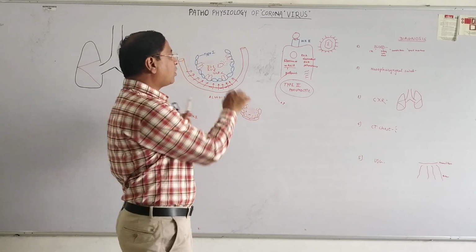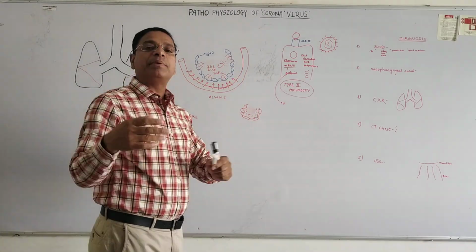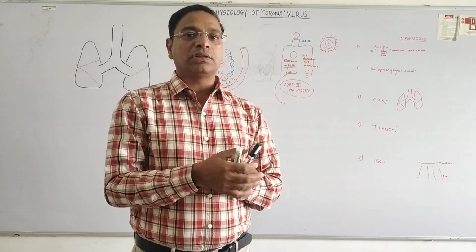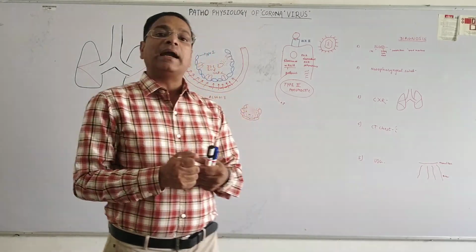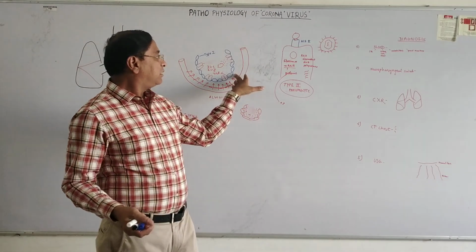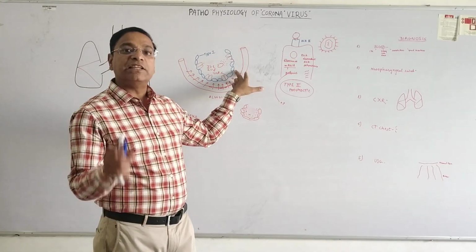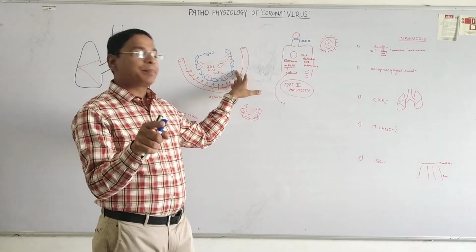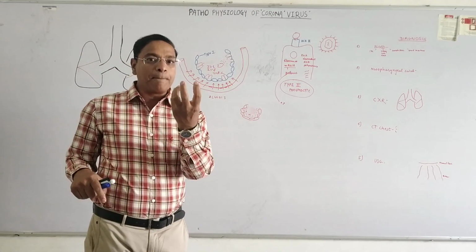But now, because these type 2 pneumocytes are being destroyed, the surfactant is also reduced, and above all, the interstitial space is occupied by the water. And that puts pressure on the alveoli and compresses it.